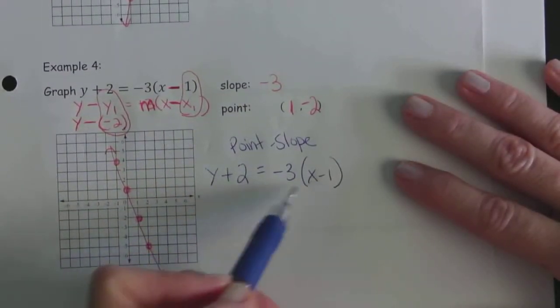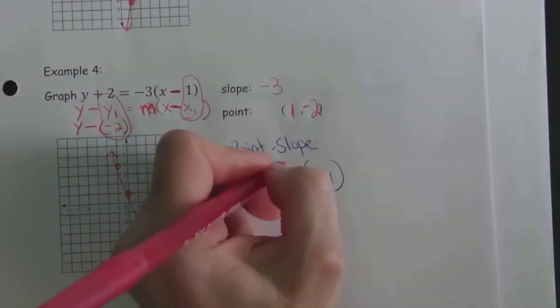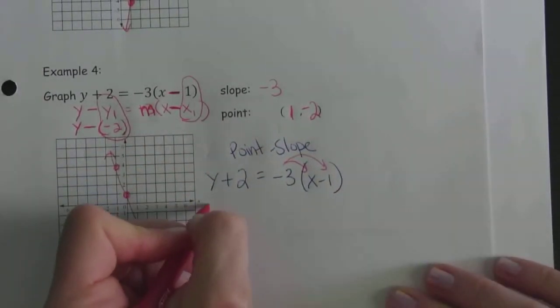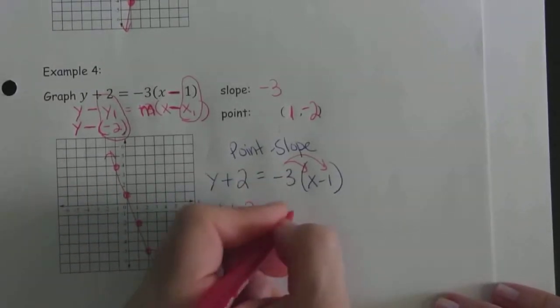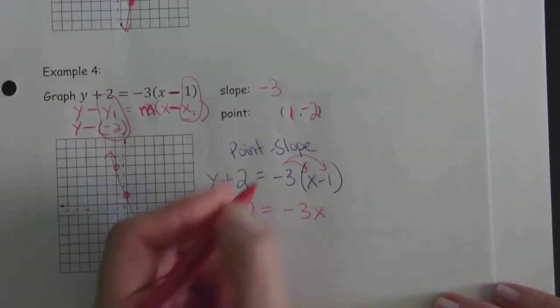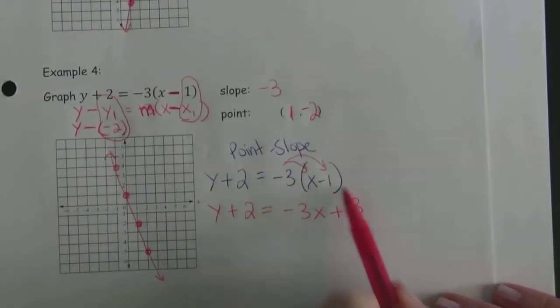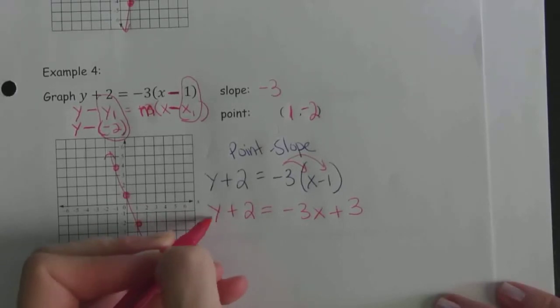In other words, when I see this negative 3 out in front of this quantity, I immediately start thinking about the distributive property, right? Let's go ahead and distribute. That would give me y plus 2 equals negative 3x plus 3 because of the negative times the negative.